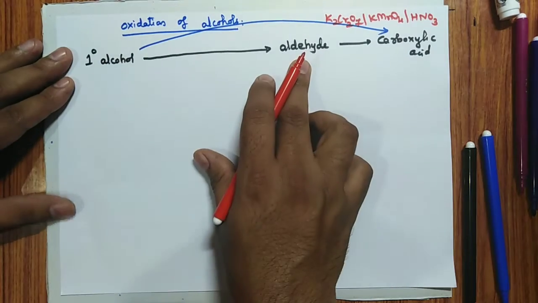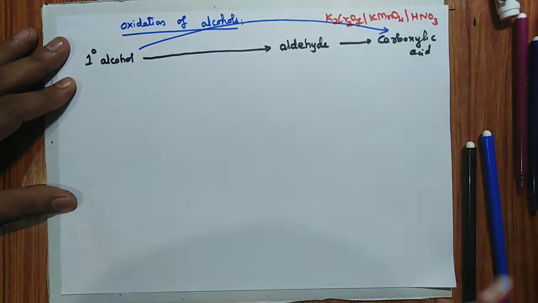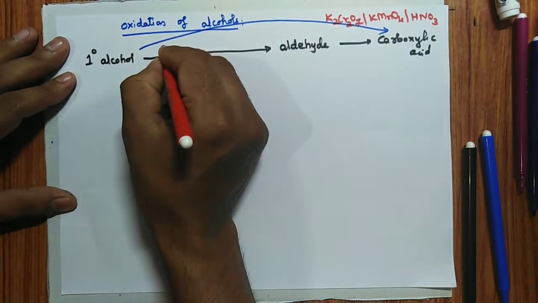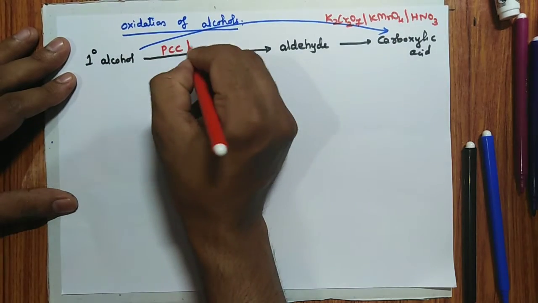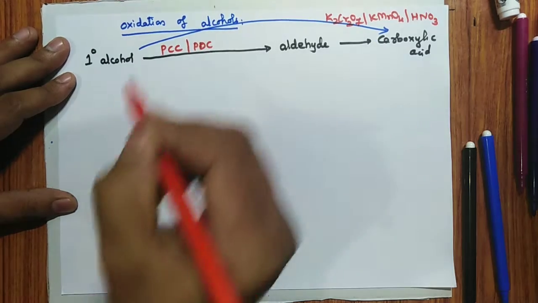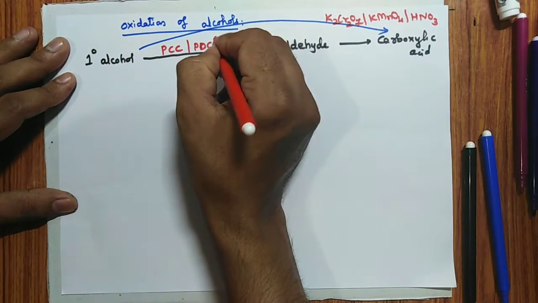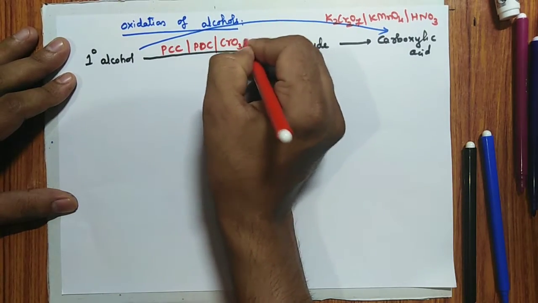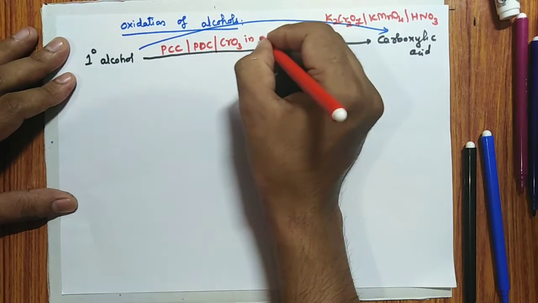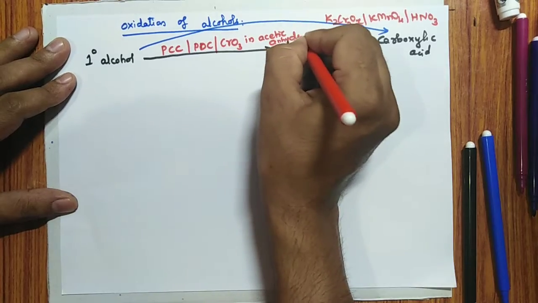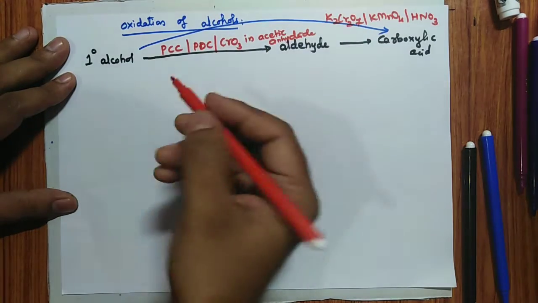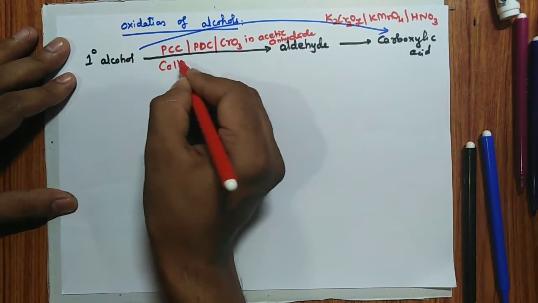Then if you want the reaction to stop at the aldehyde stage, we require, remember, PCC, pyridinium chlorochromate, or PDC, and I will tell you another also, CrO3 in acetic anhydride. And another reagent is there, the name of that is Collins reagent.